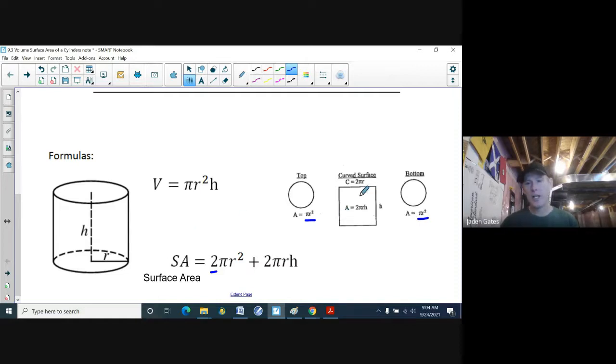Like I said, we're looking at the surface area, which is how many squares it takes to cover an object. Well, you got to cover the top of a can, the bottom of a can, and then, if you're wrapping a label around a can, basically it's going to be a rectangle that you wrap around it. So one part of the formula represents the rectangle, and the other part represents the two circles to cover the top and bottom.